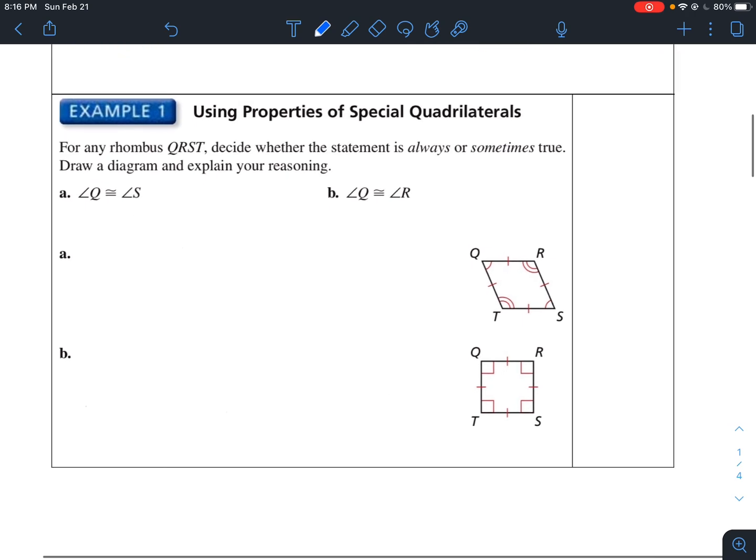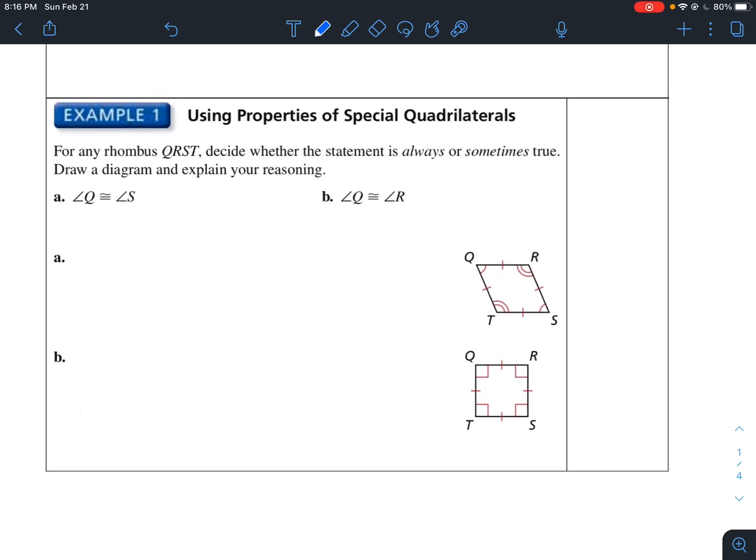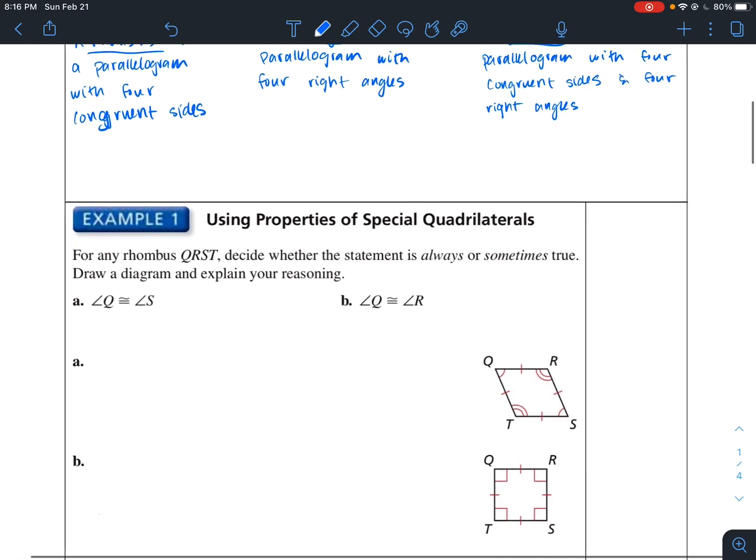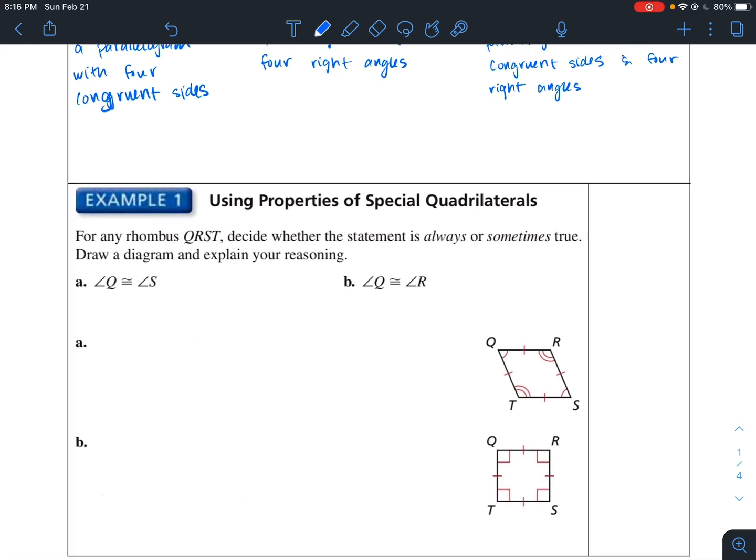So let's look at this example here. It says for any rhombus, now remember when it says rhombus, we're thinking of all congruent sides. For any rhombus QRST, decide whether the statement is always or sometimes true, and draw a diagram that explains your reasoning.